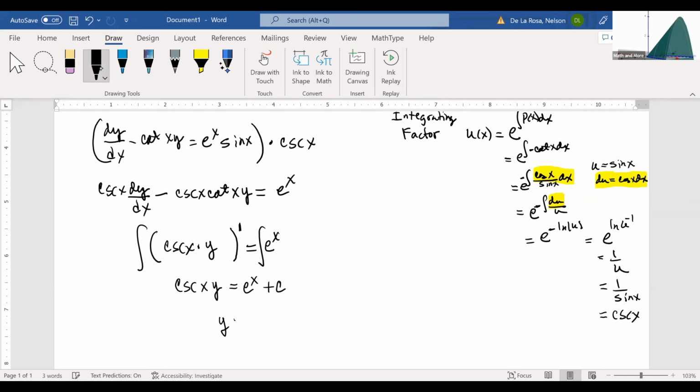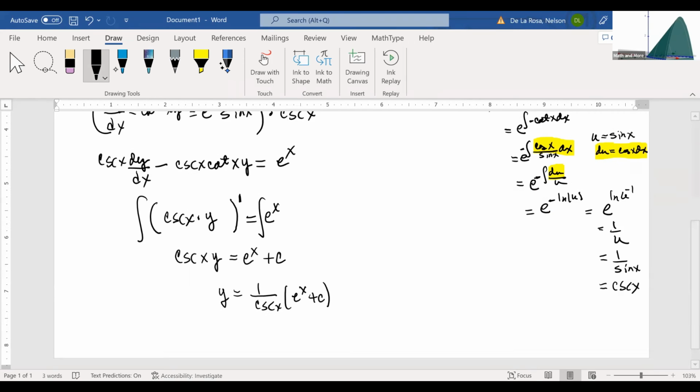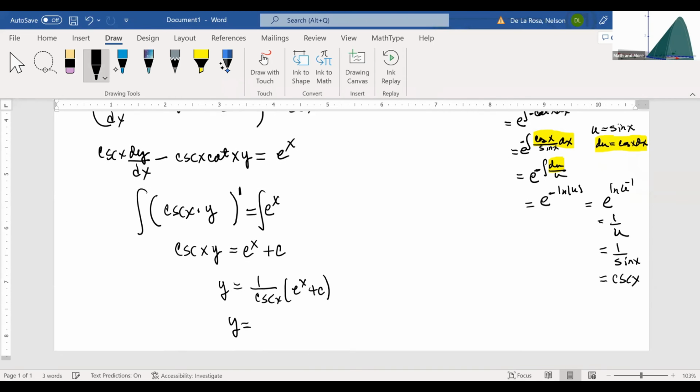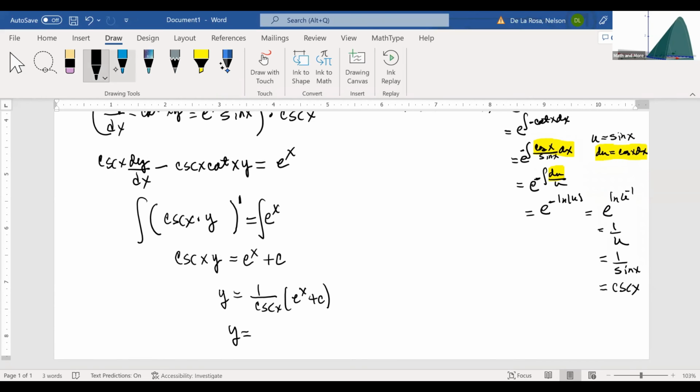We have y equals 1 over cosecant of x times e to the x plus c. And remember, cosecant is 1 over sine of x, so 1 over cosecant of x is simply sine of x. So y equals sine of x times e to the x plus c.